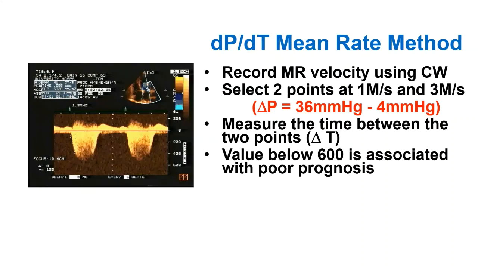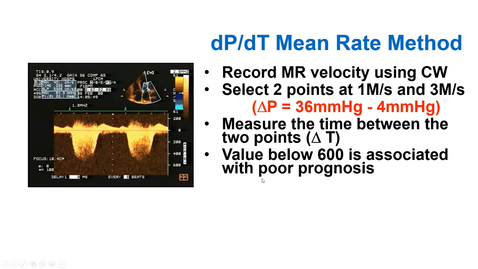So if you have a mitral regurgitation continuous wave signal, you can select 2 points at 1 meter per second and 3 meters per second on this curve. And many of the software packages will allow you to do this. So if you know how long it takes to get from 1 to 3 meters per second, measure that time.